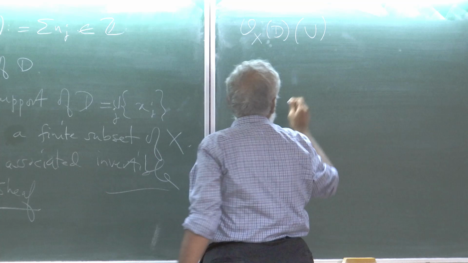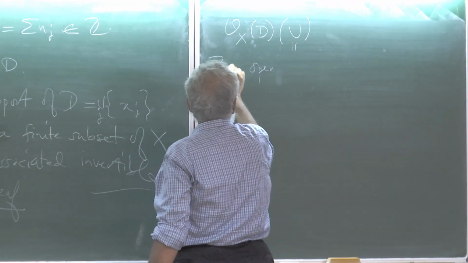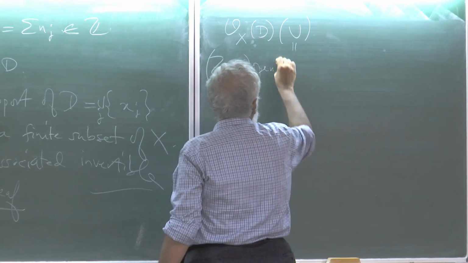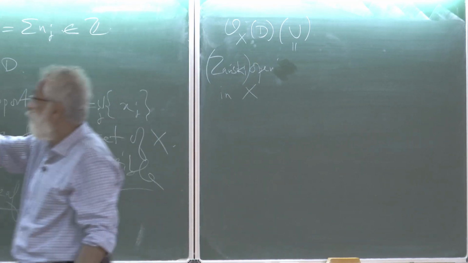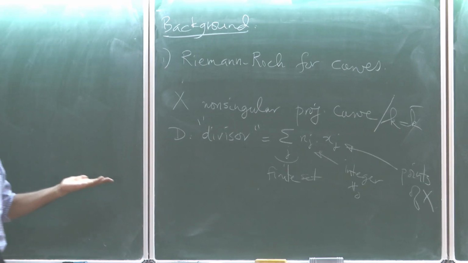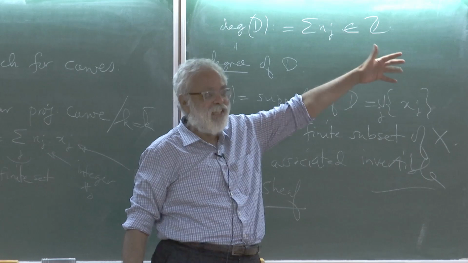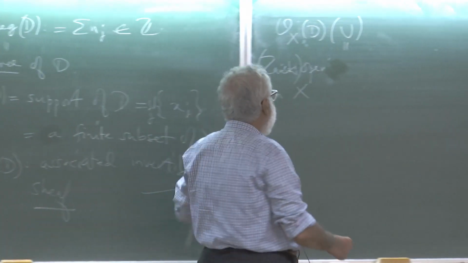If I have an open set U, Zariski open in X. Over some general field, there's no other reasonable topology right now except the Zariski topology. But if the field K was the complex numbers or real numbers, there's another topology. So I should be careful: I'm talking about Zariski open sets.